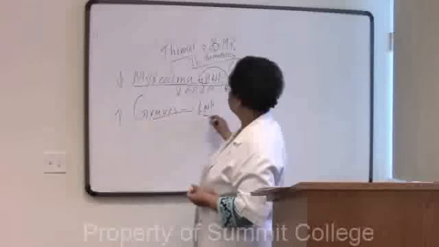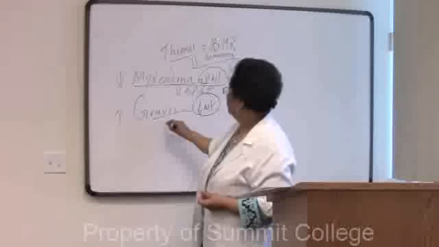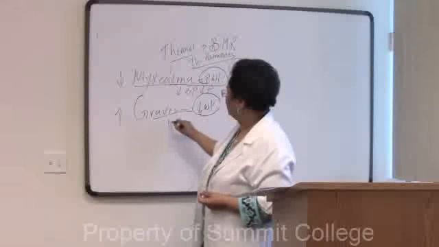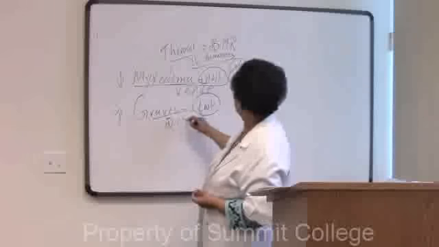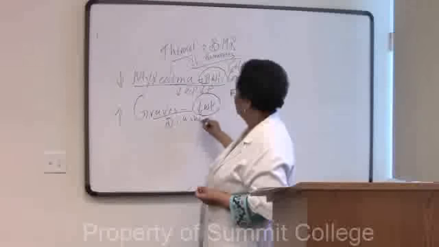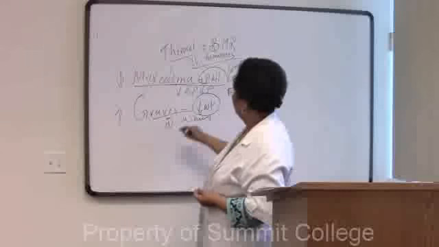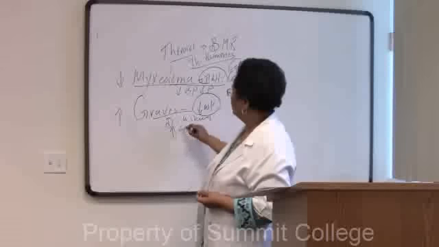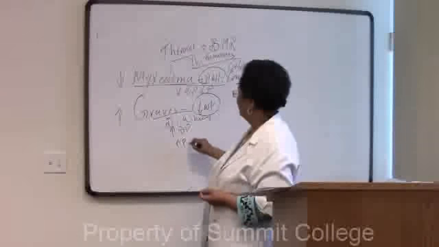Hyper, what is in Graves' disease? They have diarrhea. Hypo has constipation, hyper has diarrhea. And also remember, the blood pressure is high. The pulse is high.